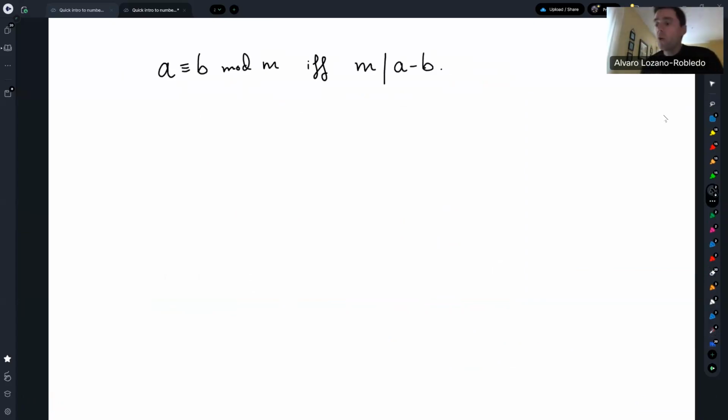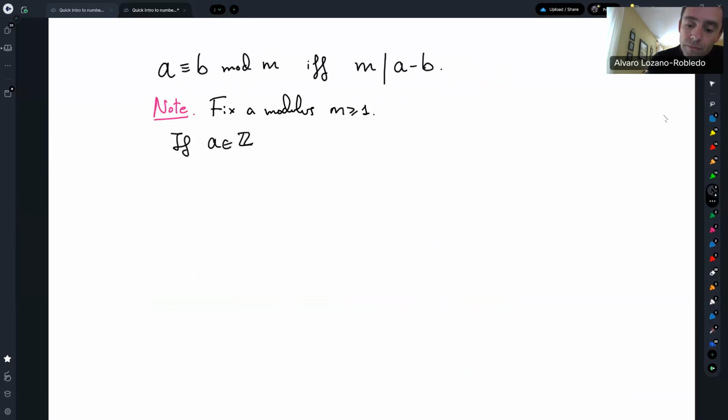Right. So here's something that I think I mentioned in one of the previous videos: if you fix a modulus m, and if a is an integer, then we can find the class of a modulo m by doing long division by m.